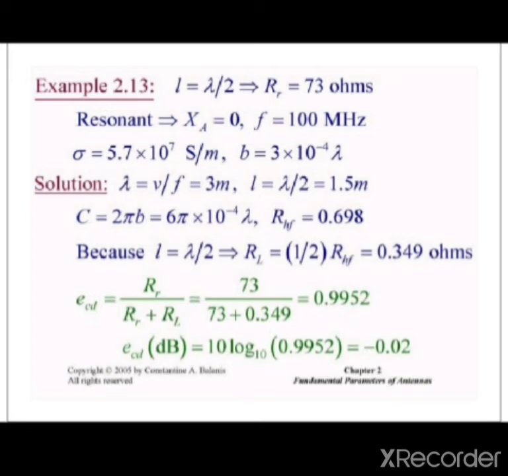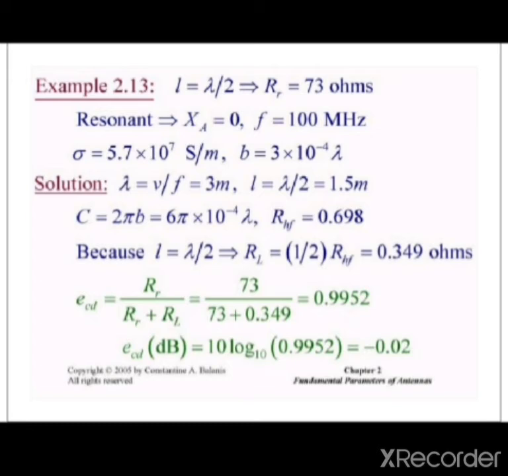First you find the lambda value, which is 3 meters, and the length is equal to 1.5 meters because it is lambda by 2. Again you find C, that is 2 pi b, which gives the circumference, and the HF resistance, as we already know, is 0.698. Because L is equal to lambda by 2, RL is equal to half of RHF, therefore 0.349 ohms.